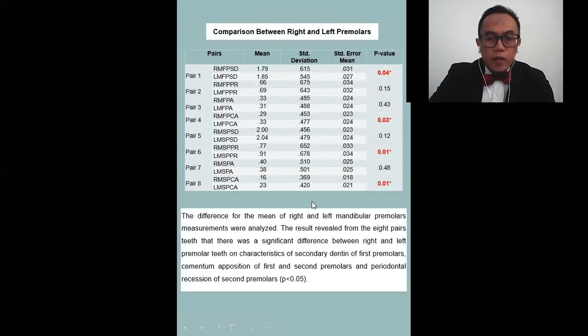The result revealed from the 8 pairs that there was a significant difference between right and left premolar teeth in characteristic secondary dentine formation for the first premolar, characteristic cementum apposition for the first premolar and second premolar, and also characteristic periodontal recession for the second premolar.